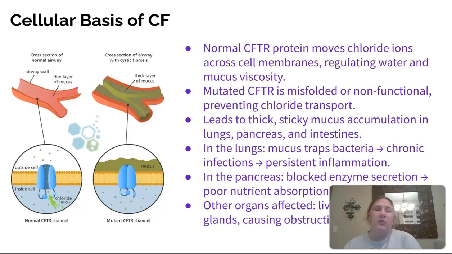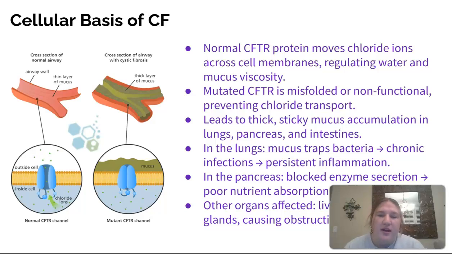And then on the right, you see the protein affected by cystic fibrosis, and it is either blocked by mucus, so the chloride ions can't escape, or the CFTR protein is closed. And when it's closed, the chloride ions can't escape, and it makes the mucus even thicker.